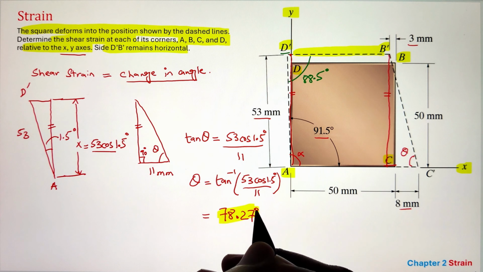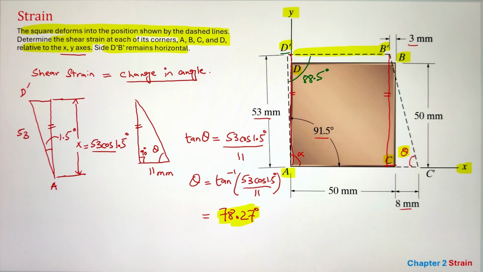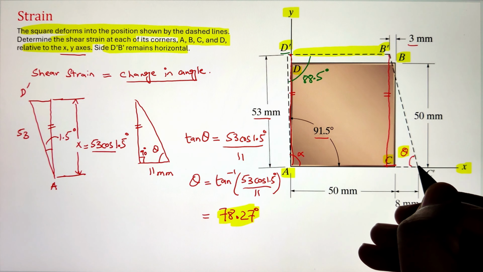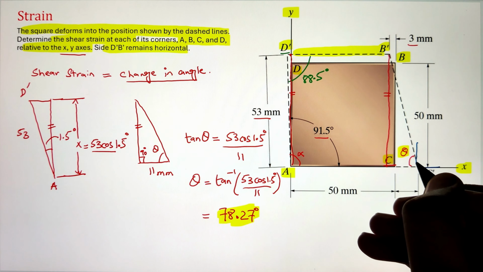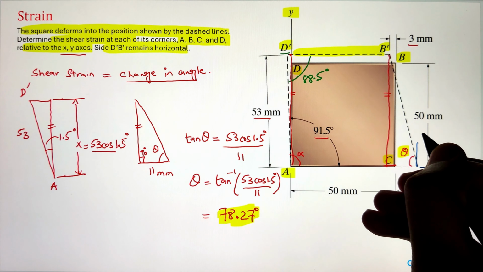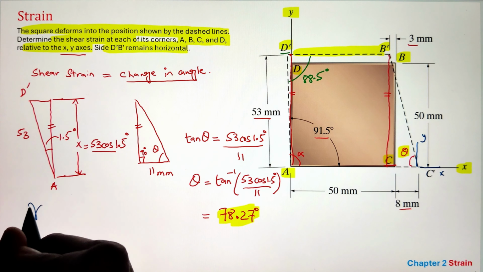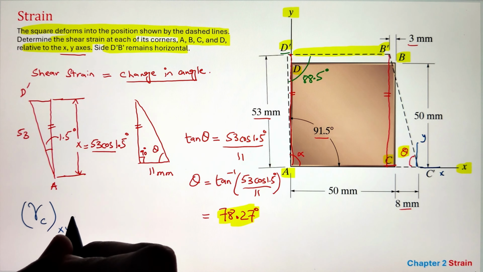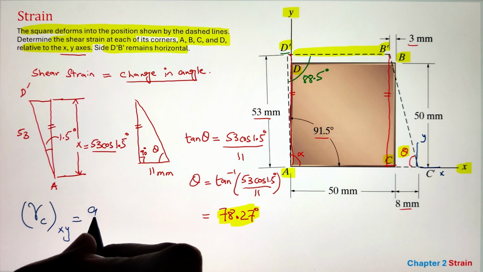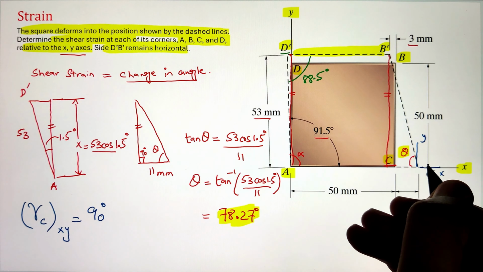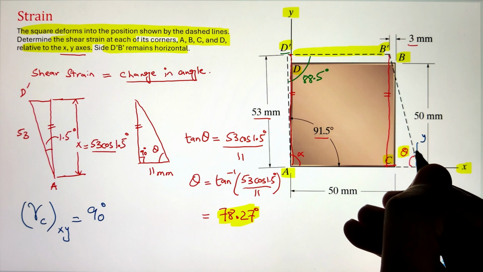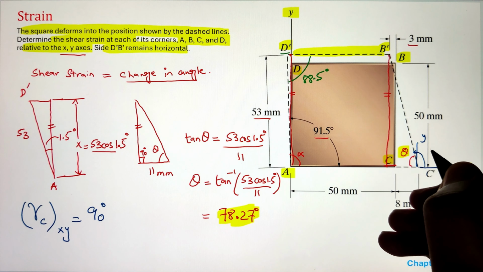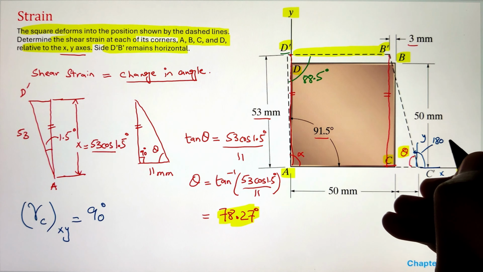This distance is identical to the perpendicular of our first right angle triangle. So we can apply our tangent formula: tangent theta equals perpendicular over the base of the right angle triangle. Simplifying, we get theta as 78.27 degrees.